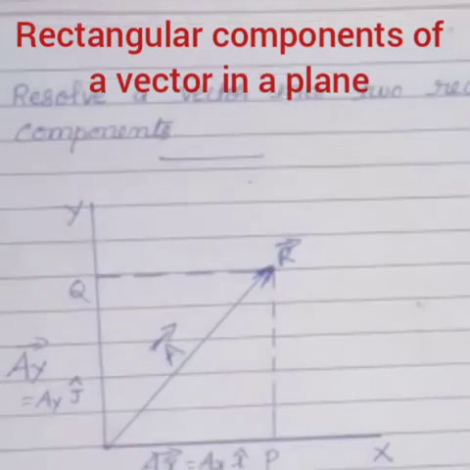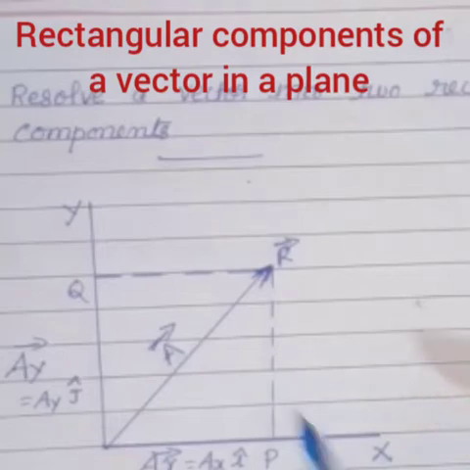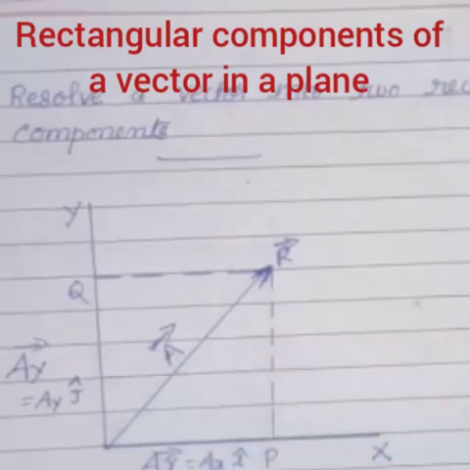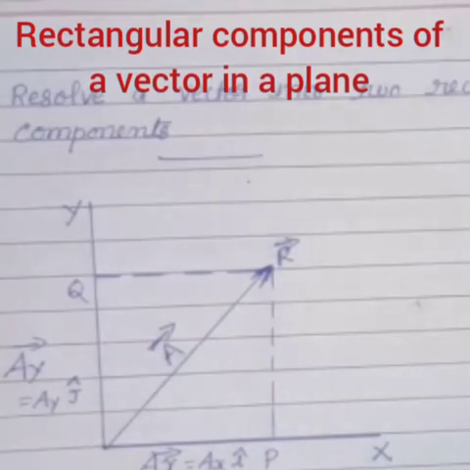When a vector is split into two component vectors at a right angle to each other, the component vectors are called rectangular components of a vector in two mutually perpendicular directions. Here we have to consider the xy plane.